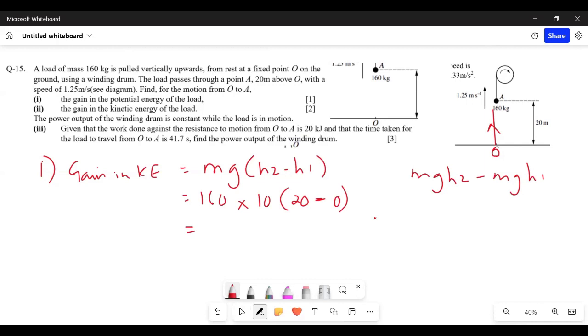So 160 into 10 into 20 gives 32,000 joules. This is the gain in, oh, why have I written kinetic energy? It's the gain in potential energy.